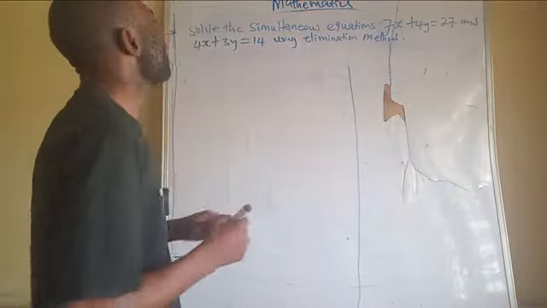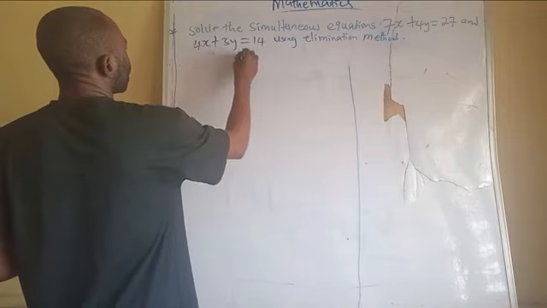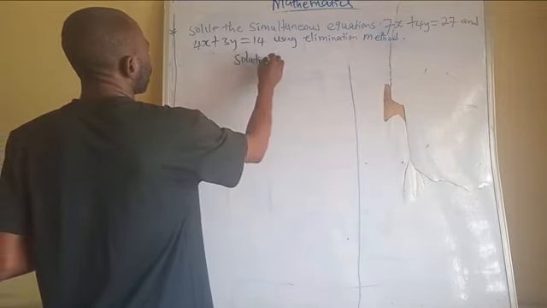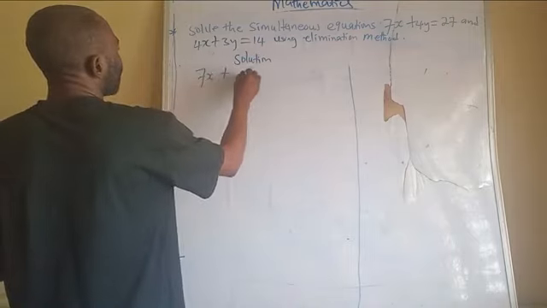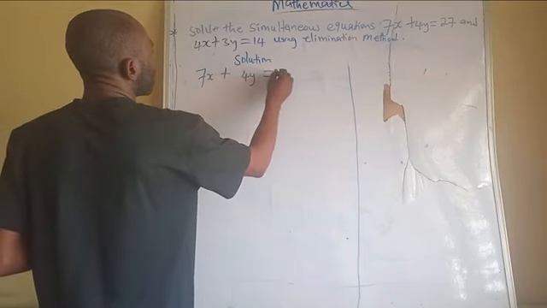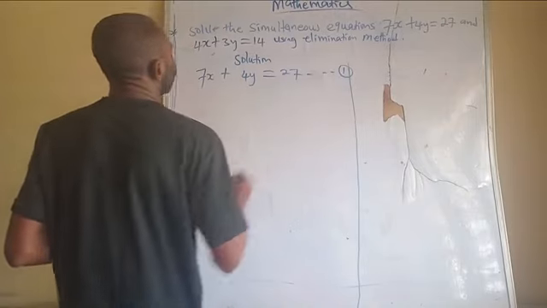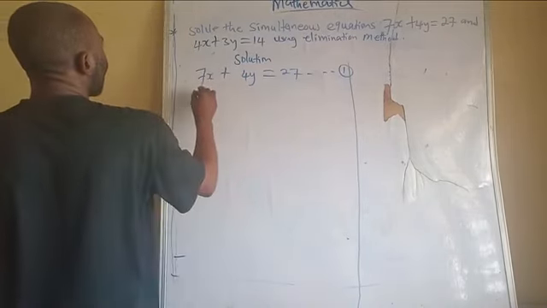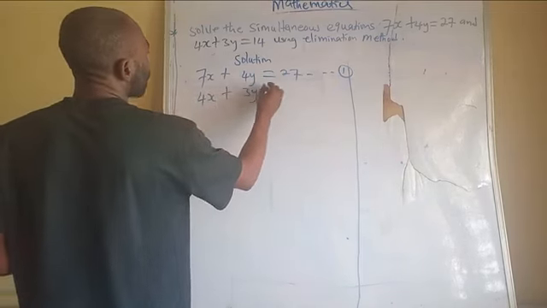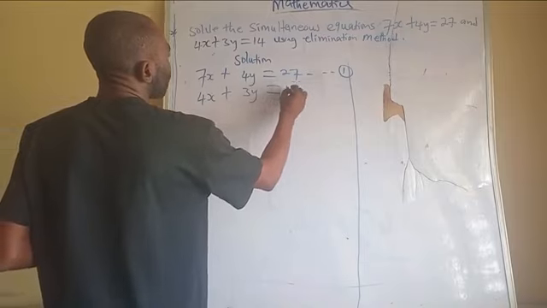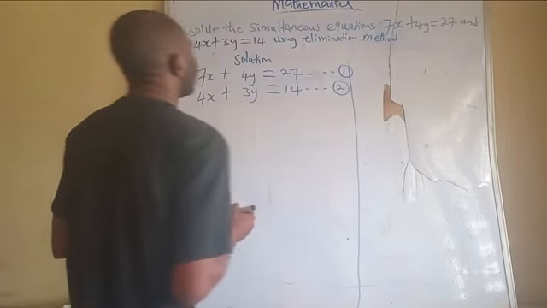Like the equations we have on the board here: 7x plus 4y is equal to 27. Let's call it equation 1. Then in our equation 2, we have 4x plus 3y is equal to 14. Let's call this equation 2.